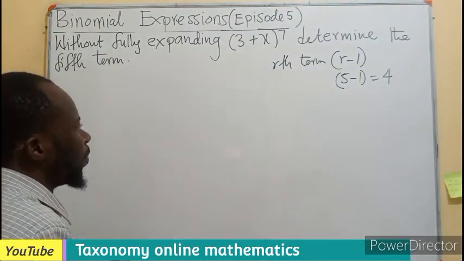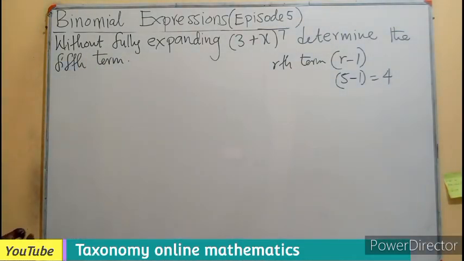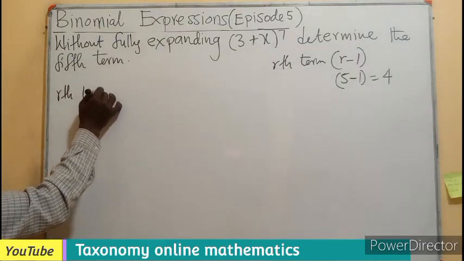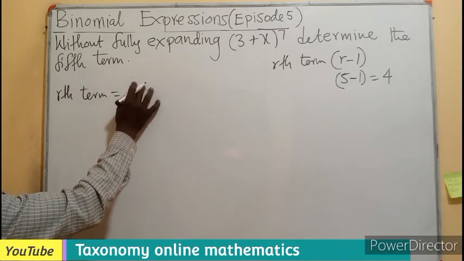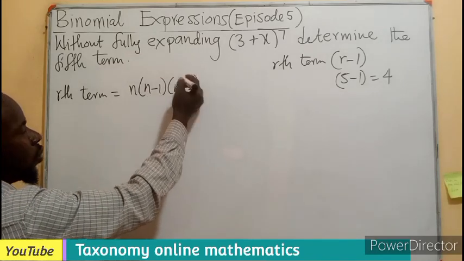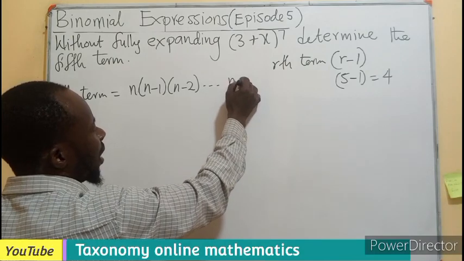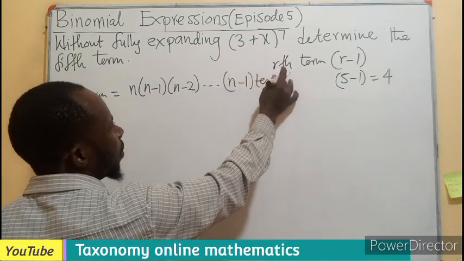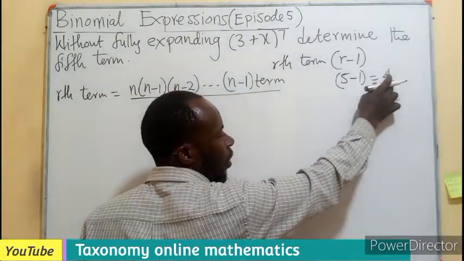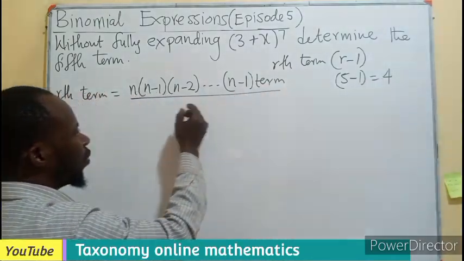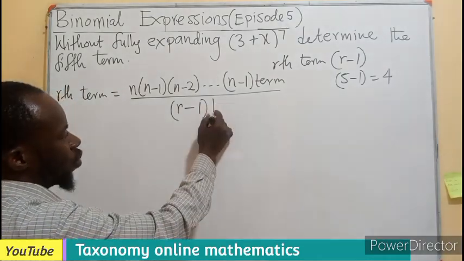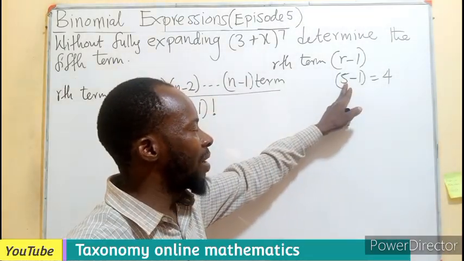So in general, if I'm looking for a specific term, which is the rth term, that is going to be n times (n minus 1), (n minus 2), continuing up to the (n minus (r minus 1)) term, then we divide that by (r minus 1) factorial. Let's just say that r minus 1 is 4, so our r is 5.